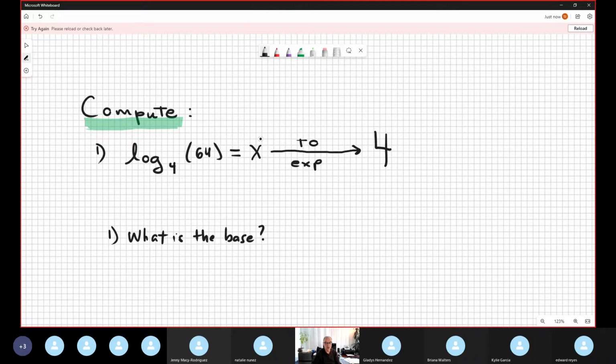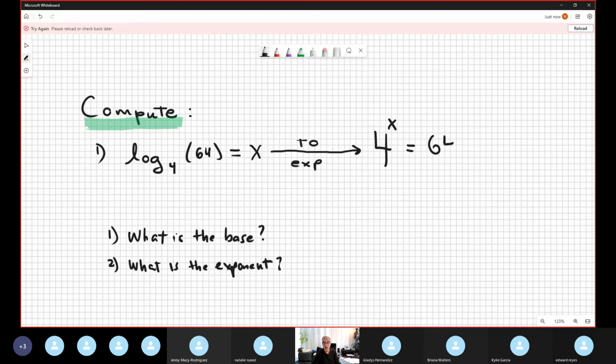Now question number 2, what is the exponent in this exponential statement? Is the exponent 64 or x? It is x. The exponent I don't know is x, because the logarithm gives me the exponent necessary to raise 4 in order to get 64.